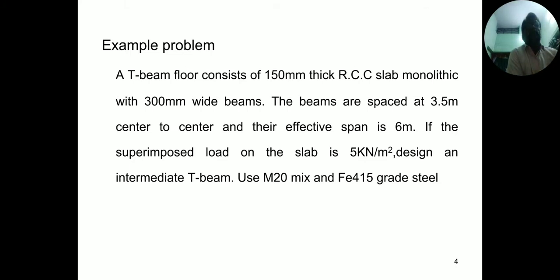Here it is. A T-beam floor consists of 150 mm thick RCC slab monolithic with 300 mm wide beams. The beams are spaced at 3.5 meters center to center and their effective span is 6 meters. The superimposed load on the slab is 5 kilonewtons per meter square. Design an intermediate T-beam. Use M20 mix and Fe415 grade steel.